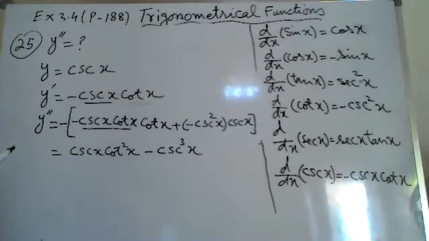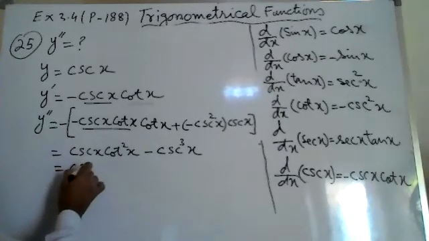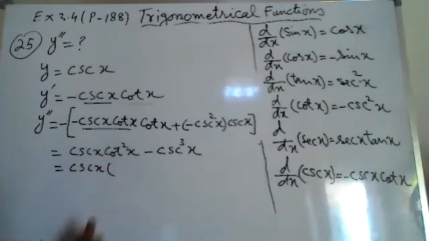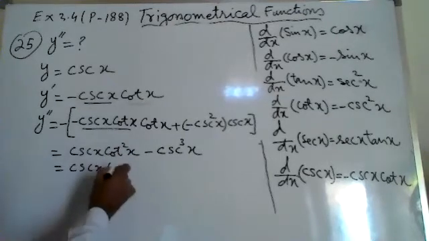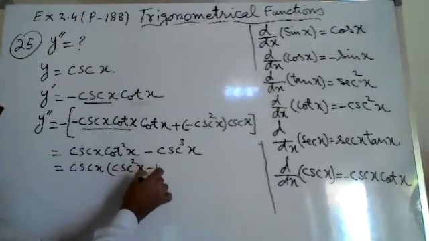So cosec square x minus 1 is equal to cot square x. Cot square x will be converted into cosec, so cot square x will be equal to cosec square x minus 1.